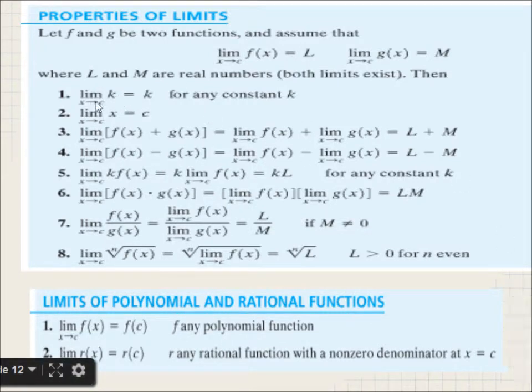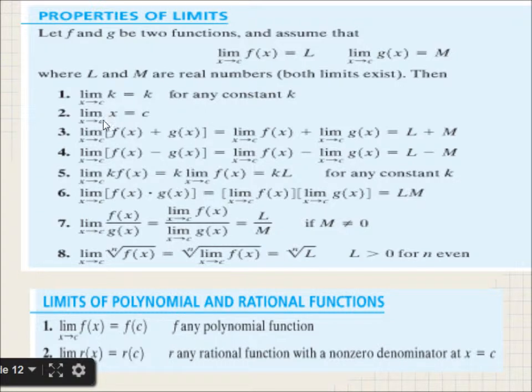This is the property: if there is a constant and no variable, as x approaches c the answer will always be the constant. If there is a variable x, as x approaches c, then c replaces x and the answer will be c.